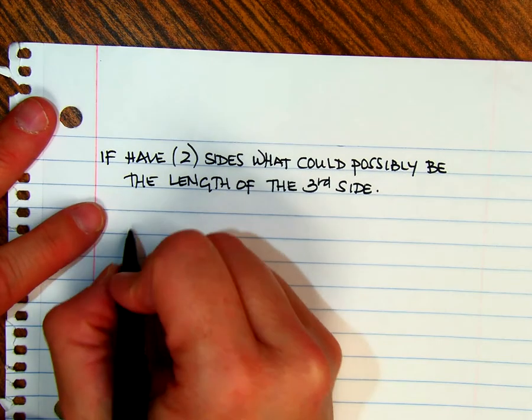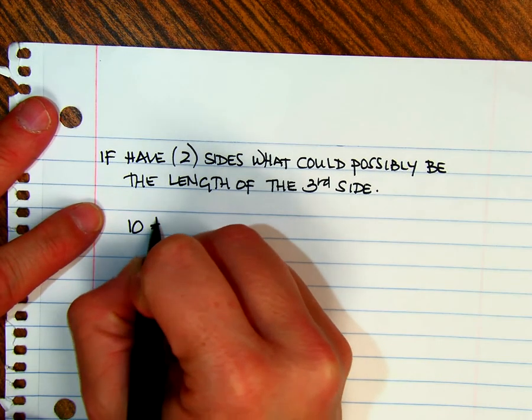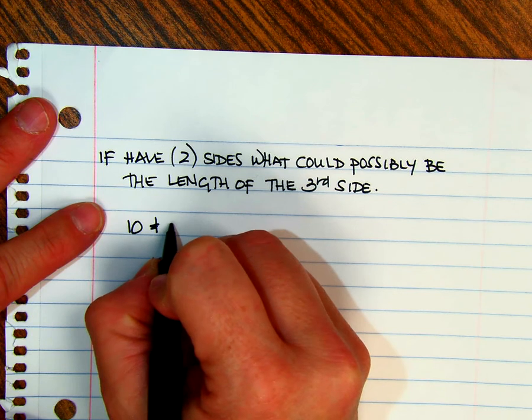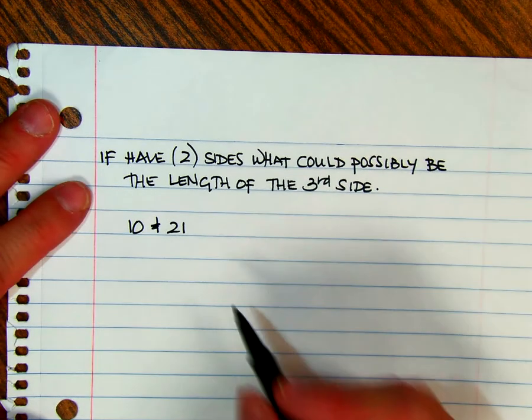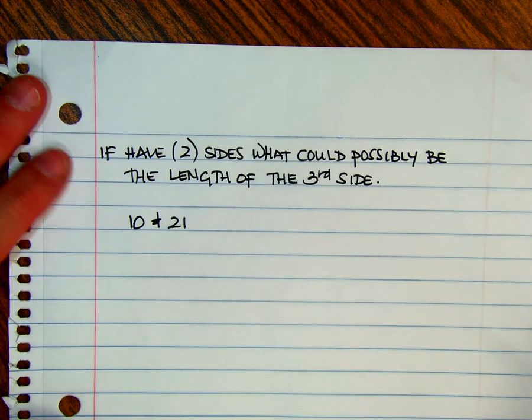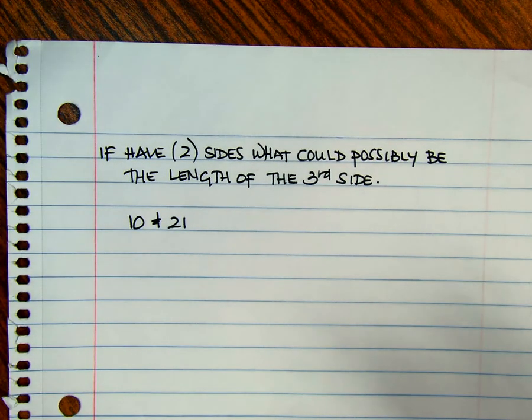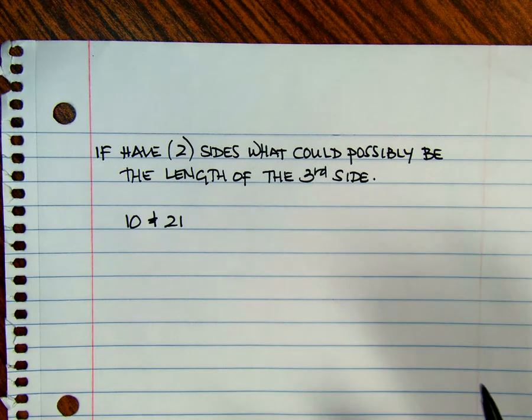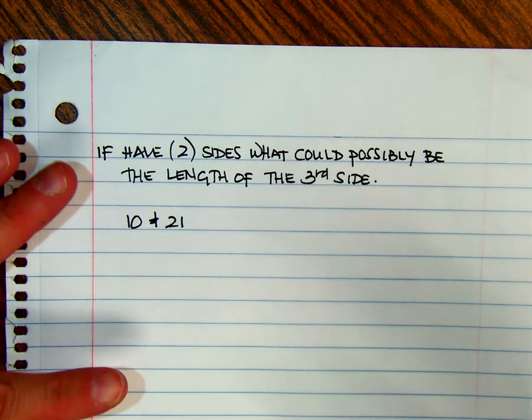So if I have a length of 10 and another length of, let's say, 21, what could the missing side be? I wish I was here today. I'd be going through a big long process so you could discover this. Unfortunately, I am not, so we're going to go ahead and just cut to the chase.